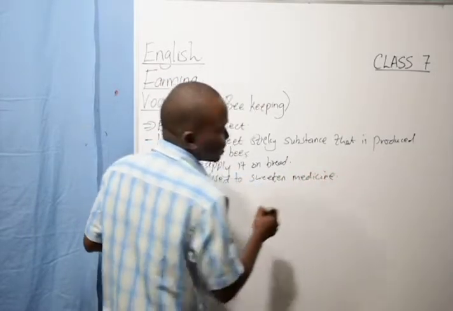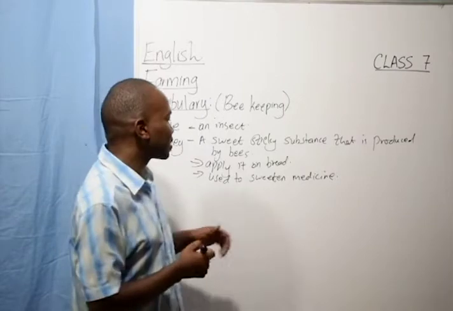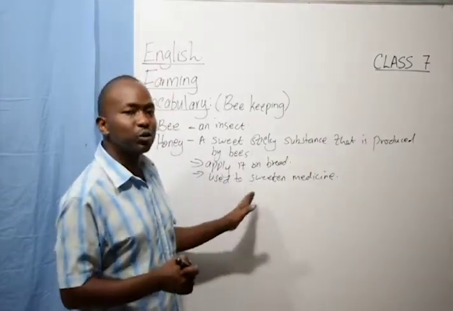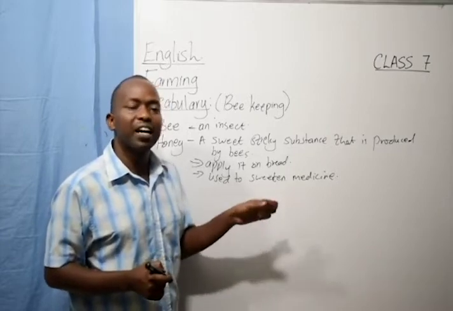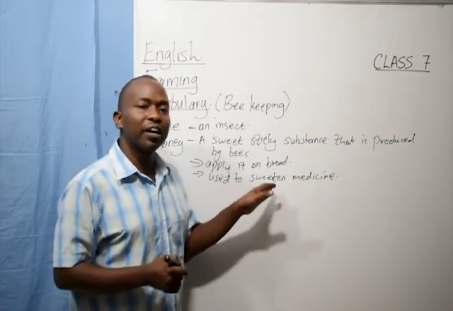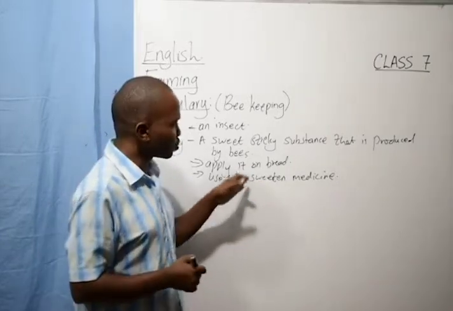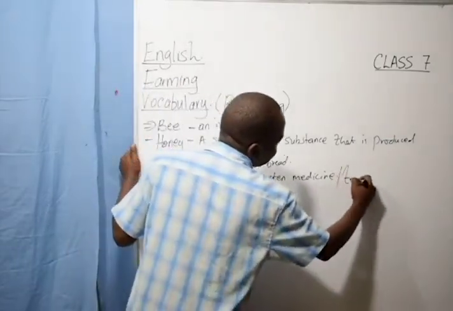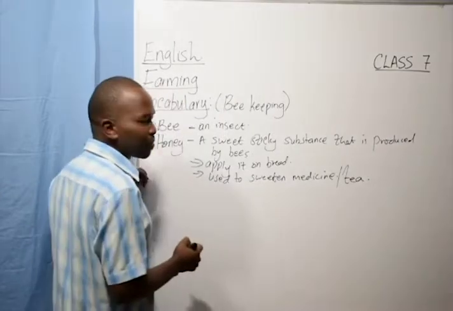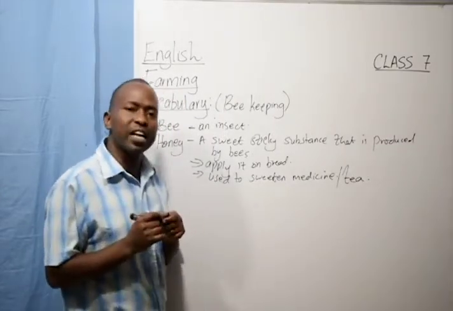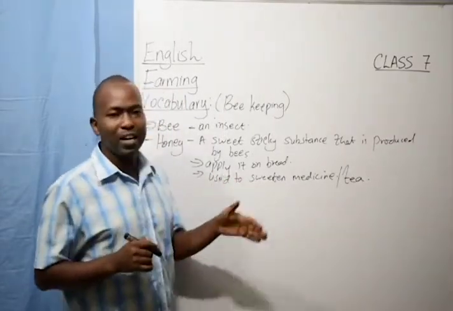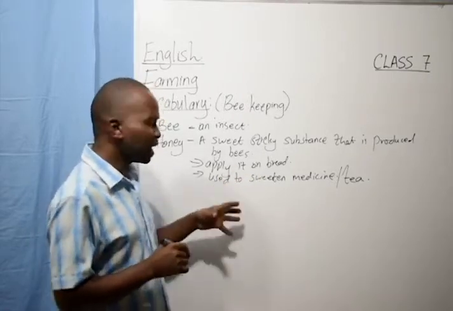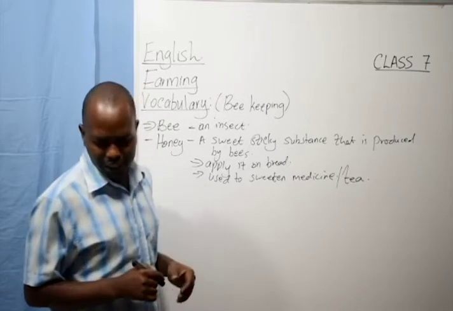Some medicine is very bitter, and if some honey is not put in it, I'm sure the children will not even let it come close to their mouths. Some also use it to sweeten tea. Instead of using sugar, they use honey to sweeten tea. Why? Because it is very natural and does not contain any contaminants.